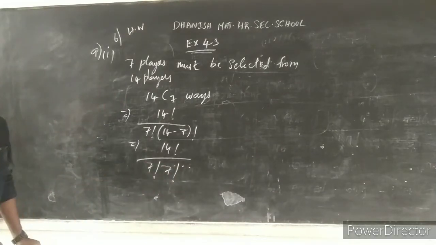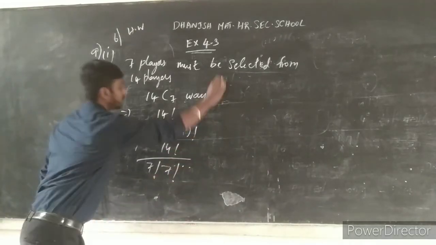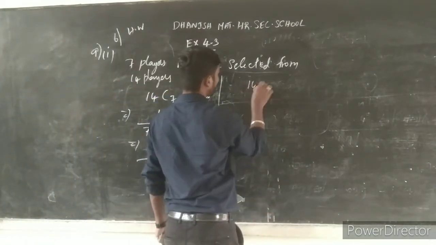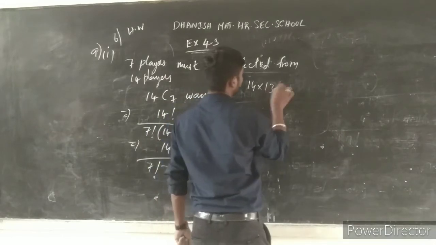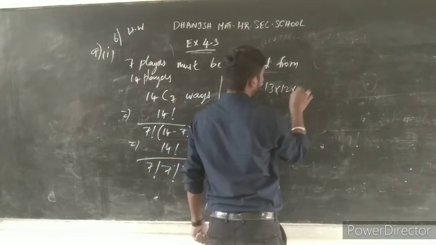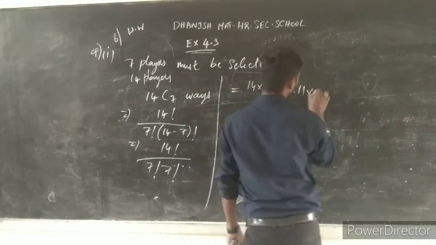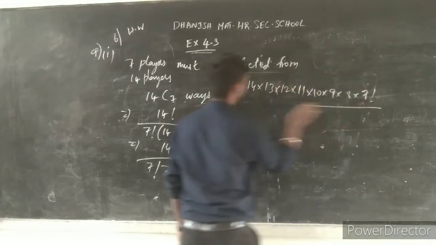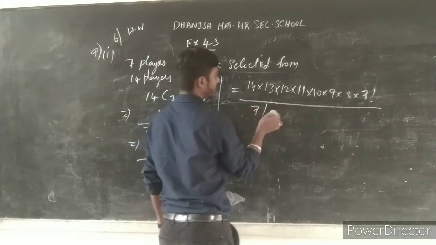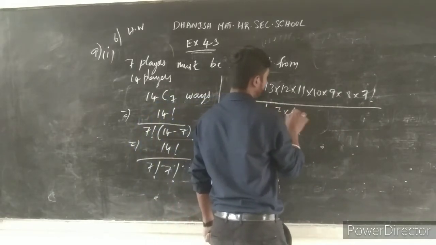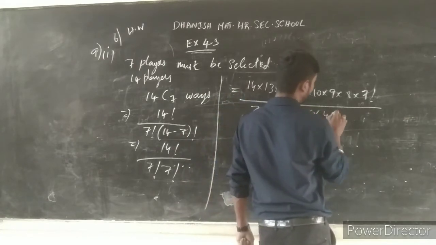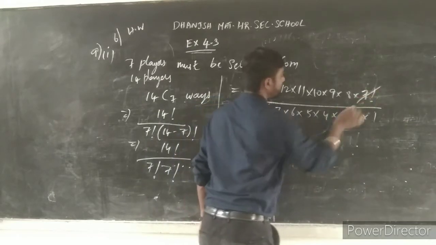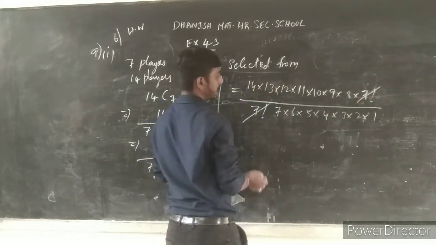The numerator is 14 into 13 into 12 into 11 into 10 into 9 into 8, till 7 factorial will be enough. So listen here, 7 into 6 into 5 into 4 into 3 into 2 into 1 will cancel this 7 factorial and 7 factorial. Here itself we are going to cancel this one.